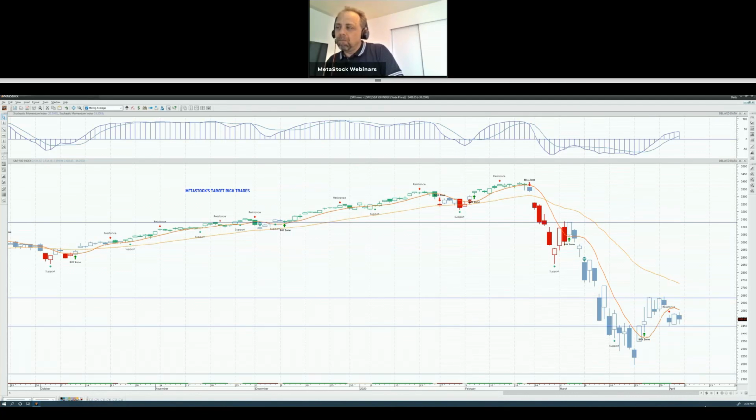And so people are continually trying to sell this top because, of course, the economy underneath is in a very unsettled place. But markets aren't the economy.